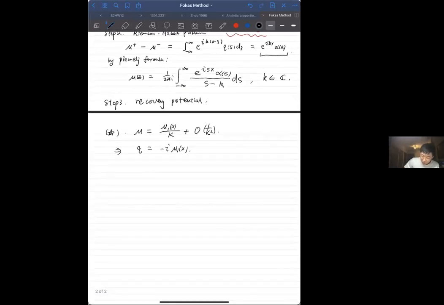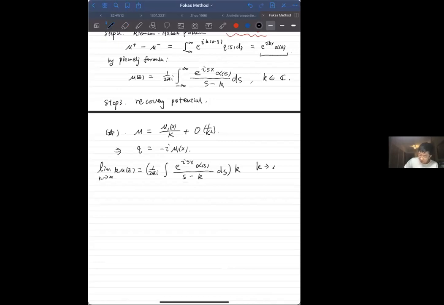And what is mu1? Mu1 you can derive from the solution to the RHP. Since mu z is 1 over 2 pi i, this integral of e to the i s x alpha s over s minus k ds, you times k and let k go to infinity.